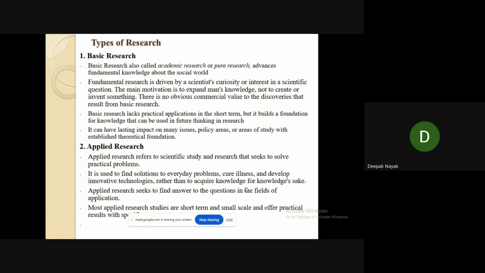In social work, we have different applied research.